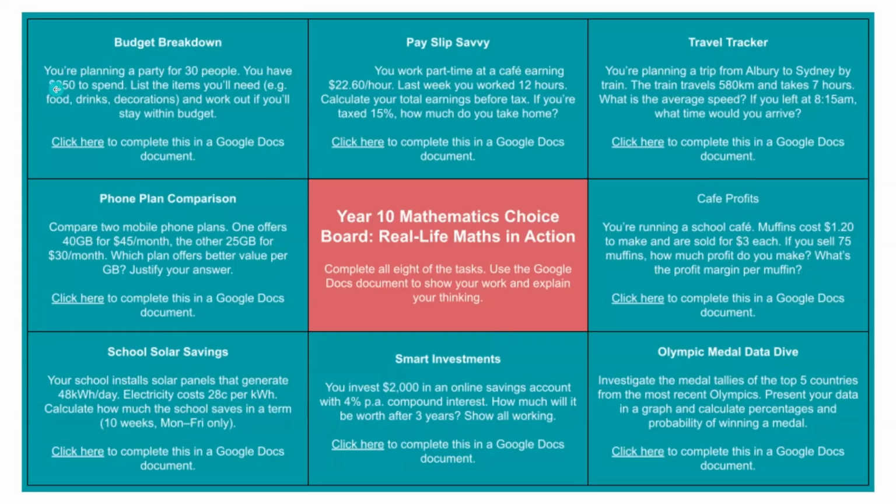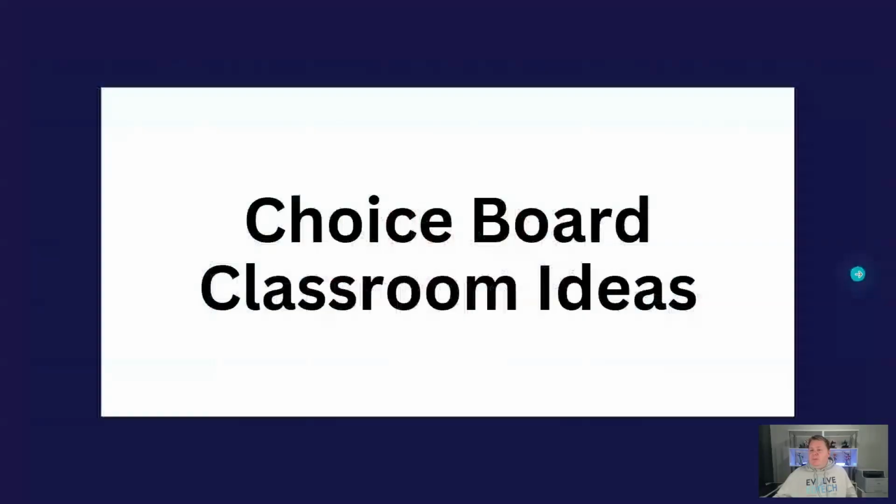So I have changed my background color to make it a little bit more engaging and poppy. I've changed the color for my heading and instructions in the middle so that it clearly stands out and my students know exactly what they are going to be required to do. So that is an example of 4 different choice boards that you can use in the classroom.